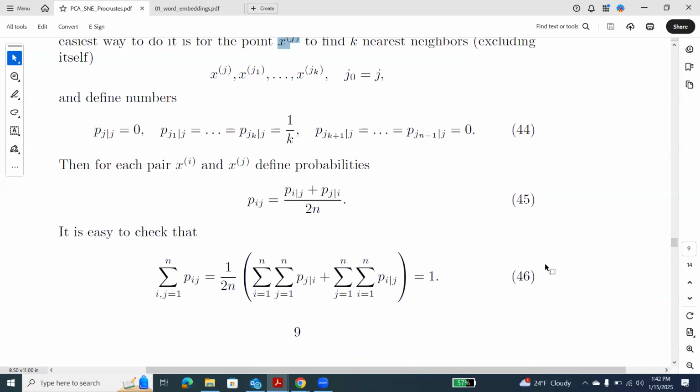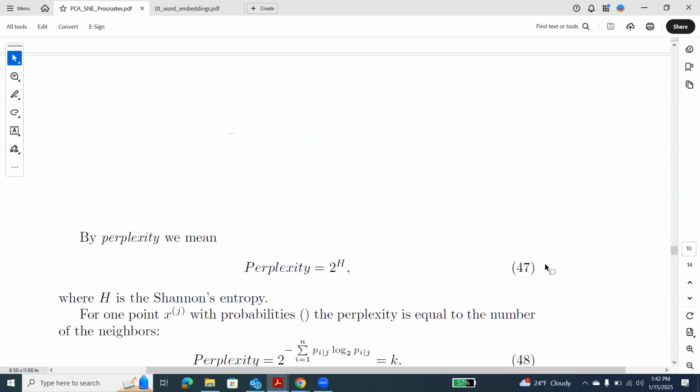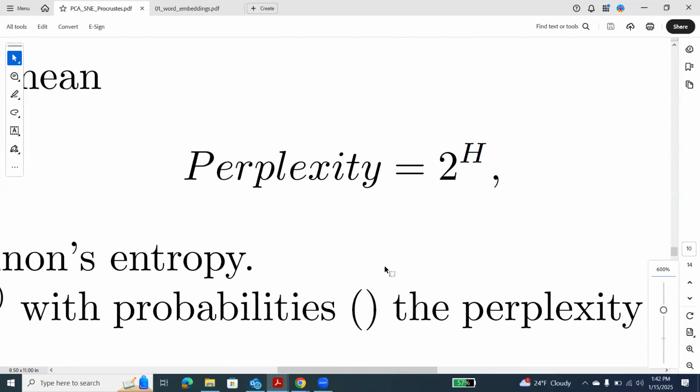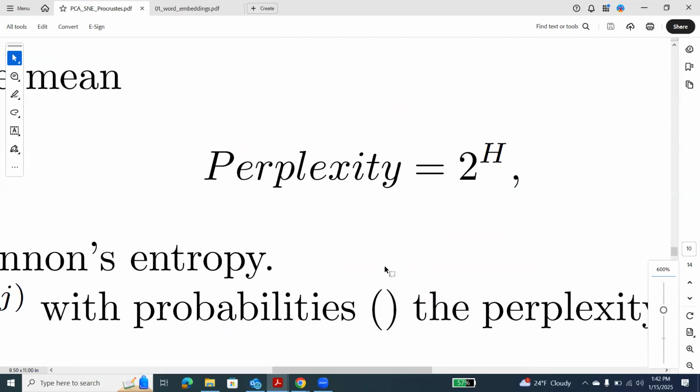Let's calculate the perplexity. The definition of perplexity is 2 to the power of entropy. Do you remember what entropy is from the machine learning class? We talked about entropy in decision trees. Yes, a measure of uncertainty.